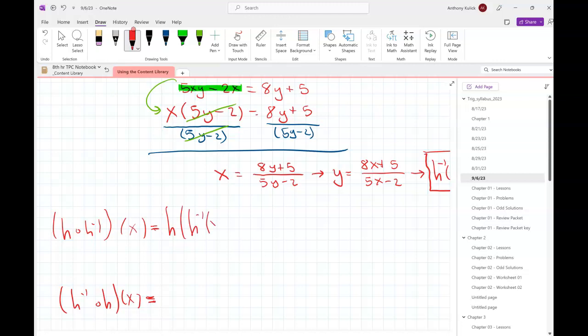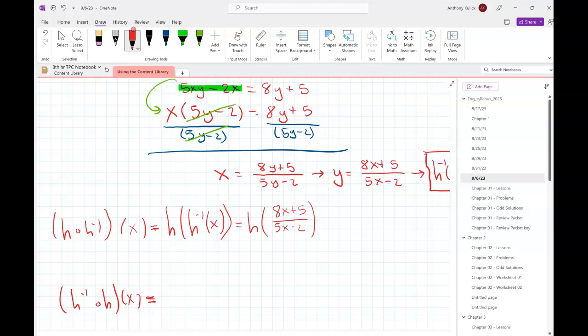So, definition of composition means that that is h of h inverse. And we just found that h inverse was (8x plus 5) over (5x minus 2).